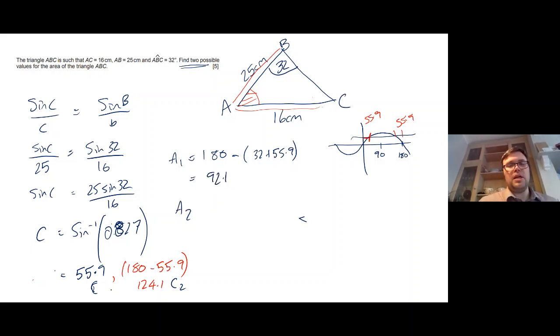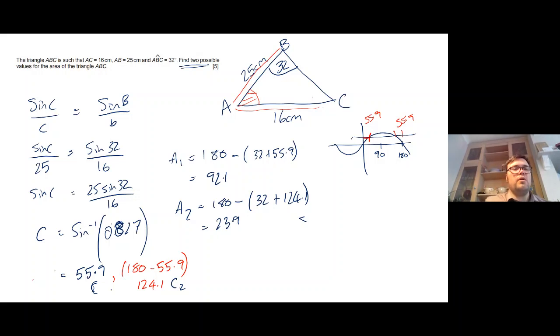Then A2, the other potential angle, would be 180 minus 32 plus 124.1, and that would be equal to 23.9. So we've got our two potential angles for A.